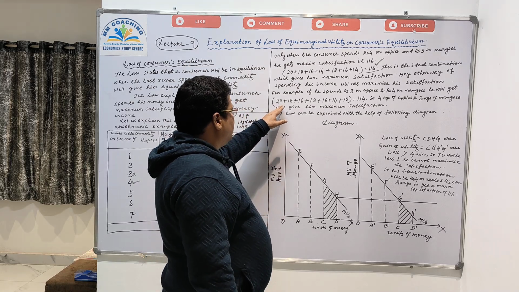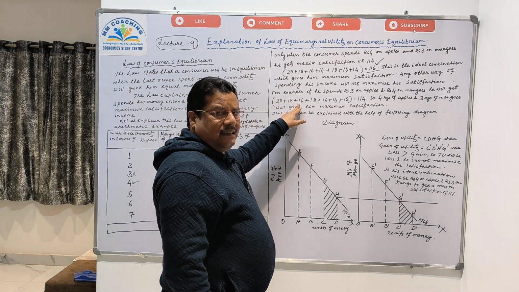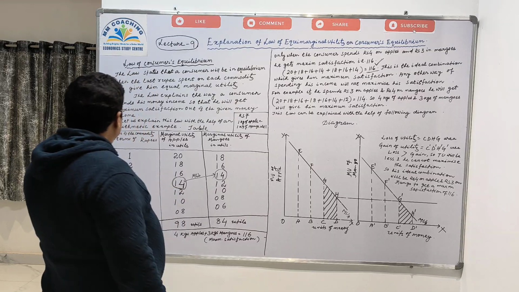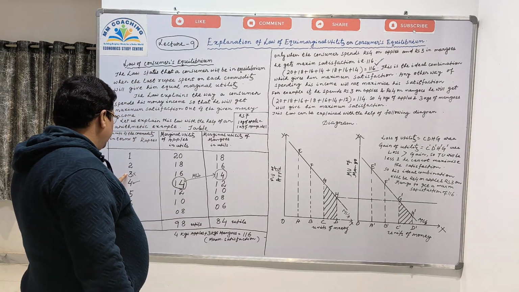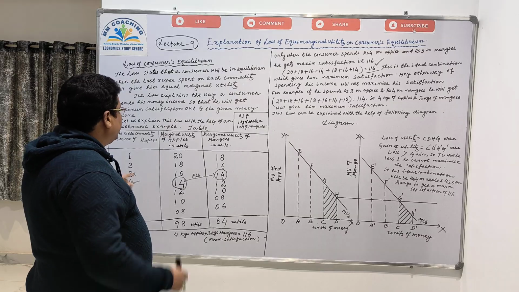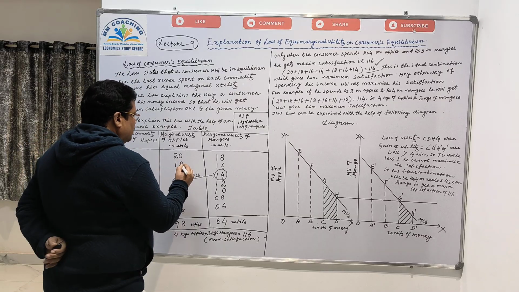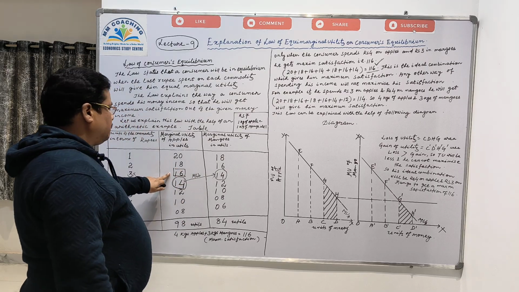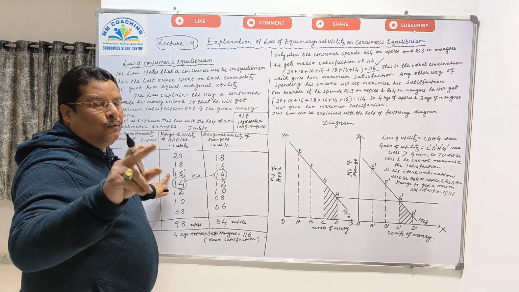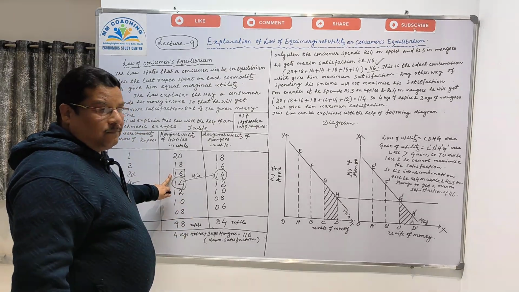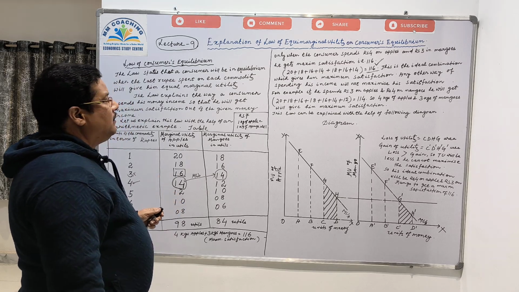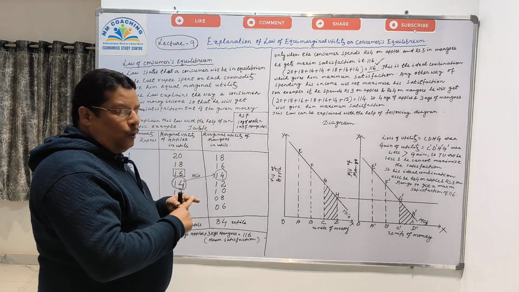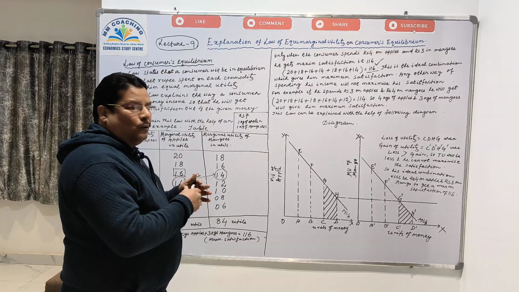When he spends rupees 3 to purchase 3 kgs of apple, in the last rupee of apples, that is third, what is the marginal utility? Marginal utility is 16 in the last rupee of apple. Then he will spend how much? Rupees 4 on mangoes.